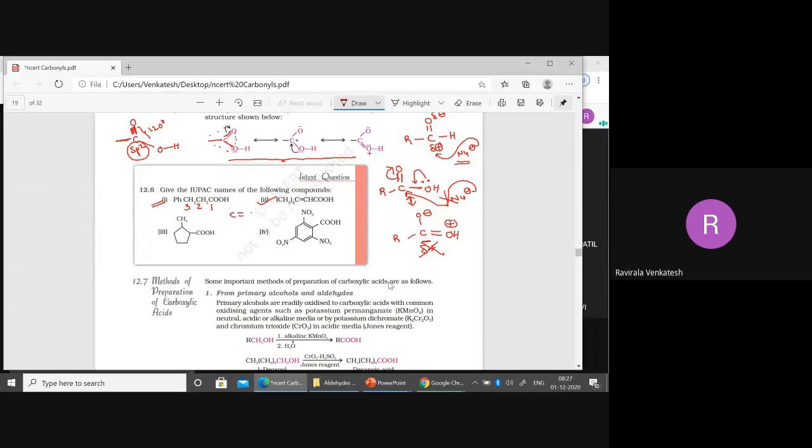C double bond CH COOH. Now, here this carbon has a methyl group, and one more methyl group is here like this. Now, numbering must be done like 1, 2, 3, 4. So it is called what? Tell me.